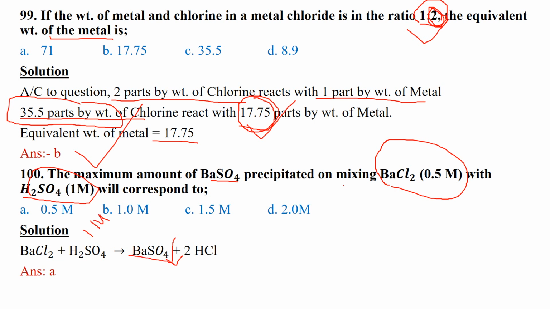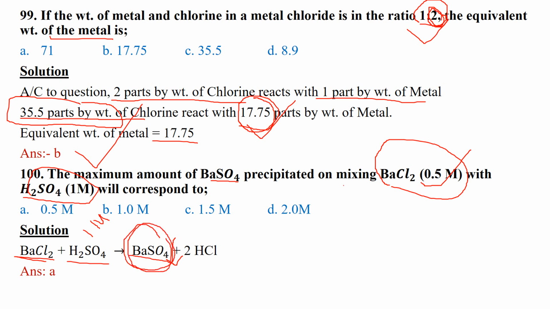It depends upon the reactant which has the lower concentration. So which has the lower concentration among BaCl2 and H2SO4? That is barium chloride at 0.5 molar, which is the limiting reactant.